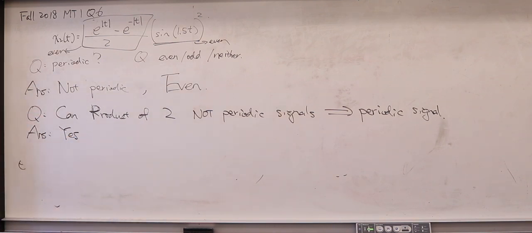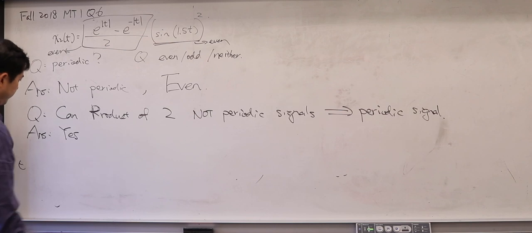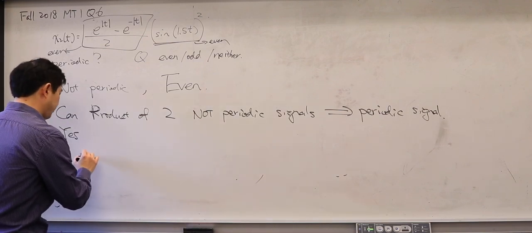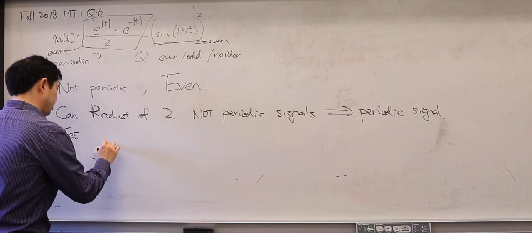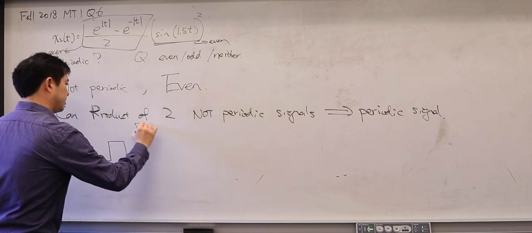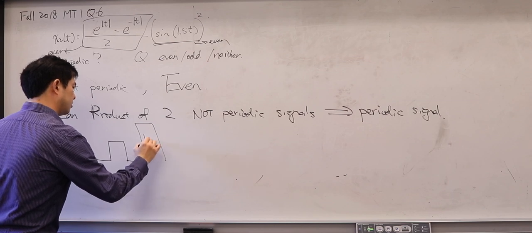So, for example, I have a signal that's this, and then that keeps growing.